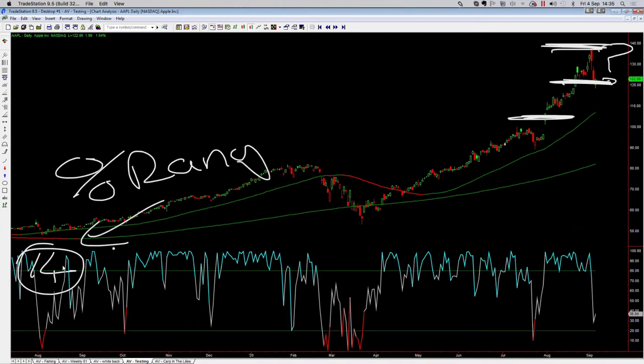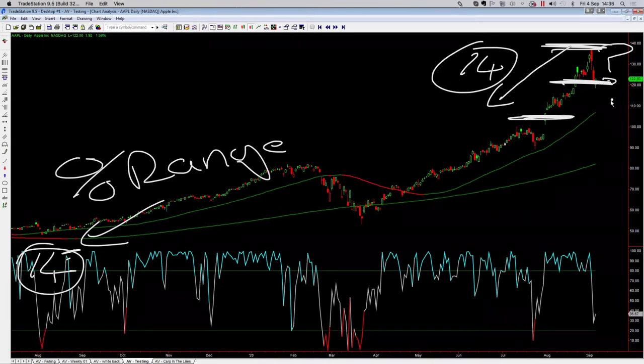And because the setting is 14, we're going to look back over the last 14 days or 14 bars or 14 candles, and look at where price is right now in relation to the rolling range. Does everyone understand that interpretation? Where's price in relation to the range?